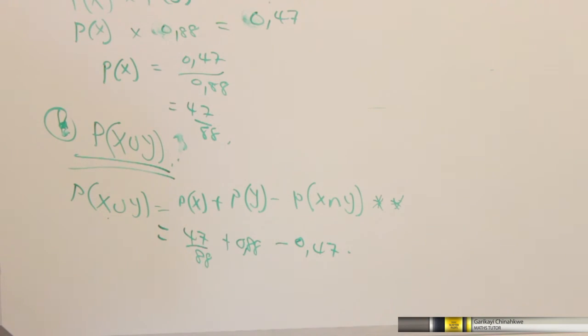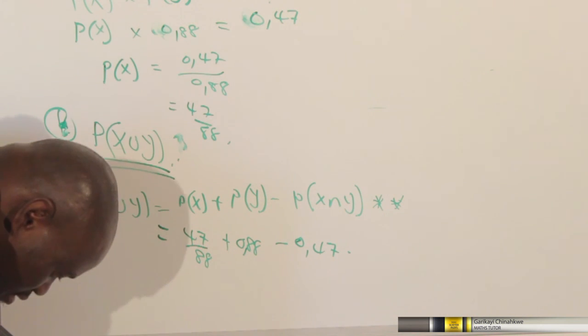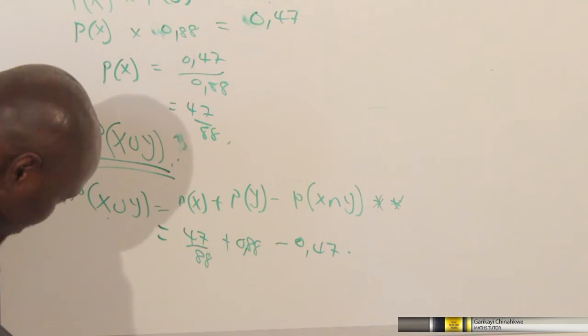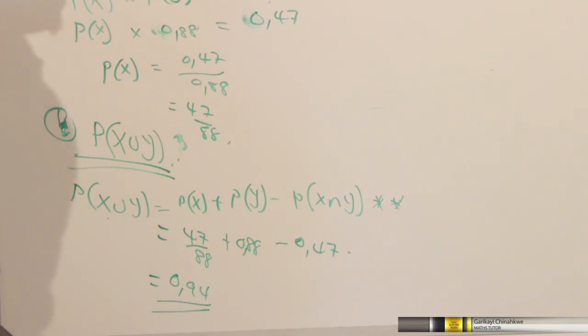I'm just going to use a calculator quickly: 47 over 88 plus 0.88 minus 0.47, which gives me 0.94. That's the probability.